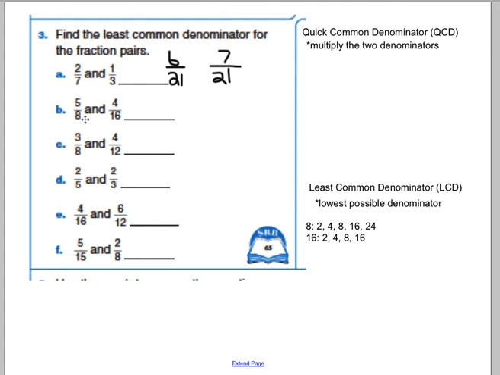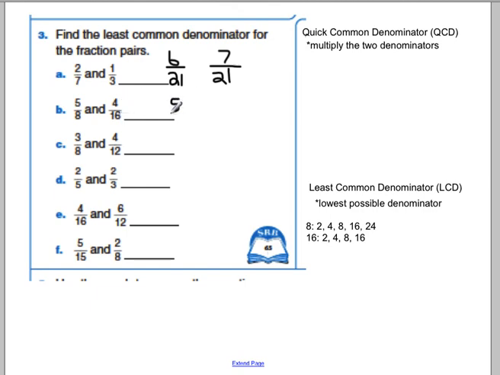Here I already have an 8, so I know it works there. If I come over here, to change that 16 to an 8, I would have to divide by 2. 16 divided by 2 equals 8. That means I also have to divide this by 2. 4 divided by 2 equals 2. It does work out as a whole number. So that tells me that 8 will work.